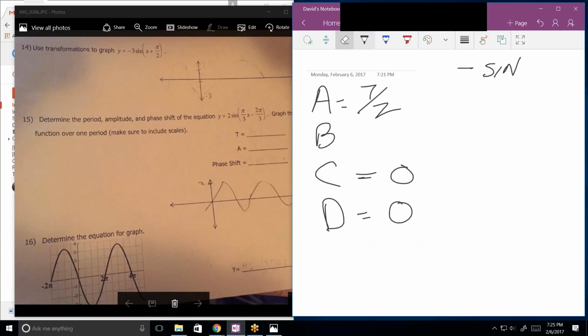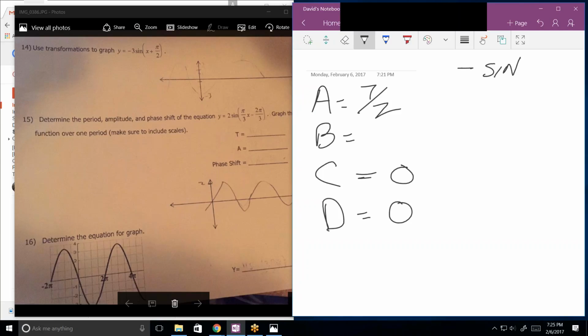Okay, B. Well, it looks like there's a horizontal stretch. Well, we don't care. What's the distance of one period horizontally? It looks like 2 pi.